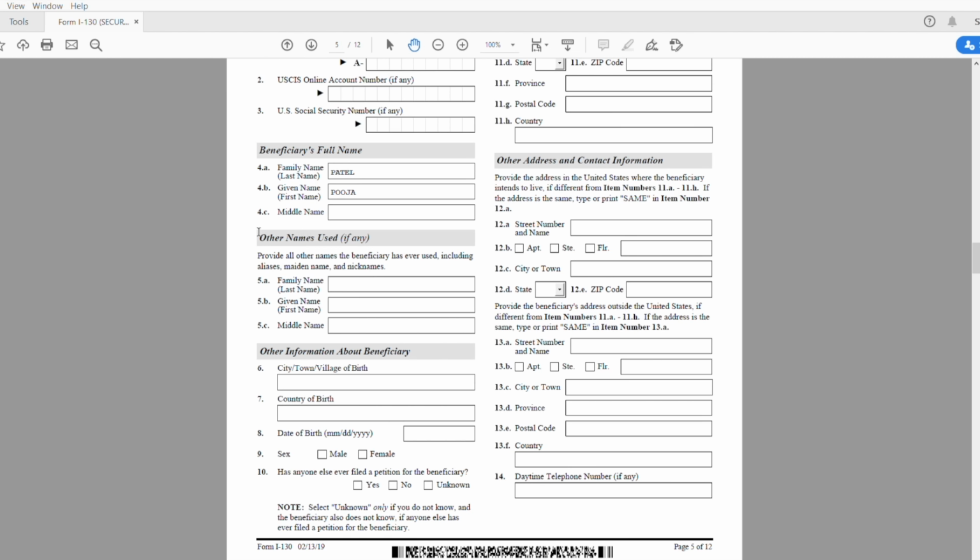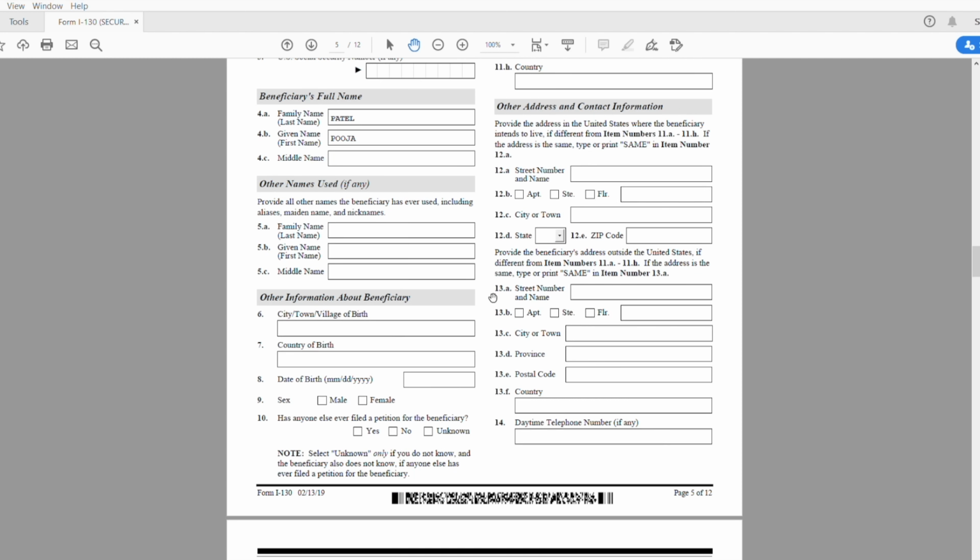In this next field, provide all other names the beneficiary has ever used, including aliases, maiden name, and nicknames. So here, you would enter all the names the beneficiary has had. Here, Pooja has only used one name her entire life, so we would go ahead and leave this blank.